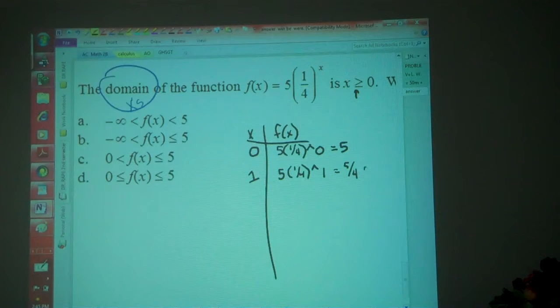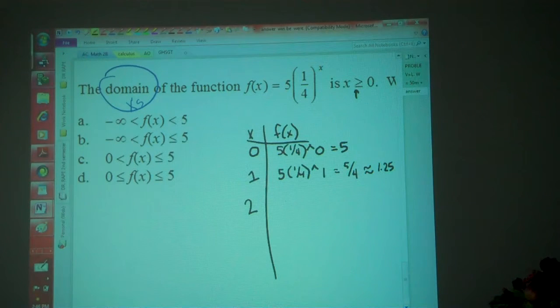Your calculator would probably deliver back to you 1.25. So you'll notice that what happened for the y's, or the f of x's, is that it went from 5 to 1.25. You can start to see, oh, wait a minute, this is decreasing.